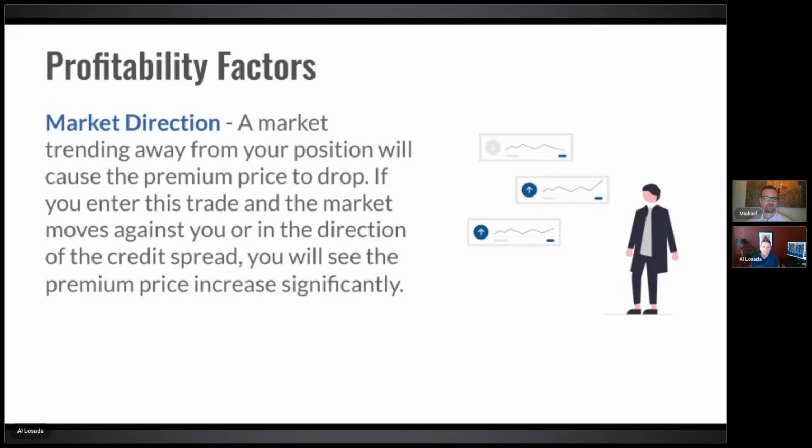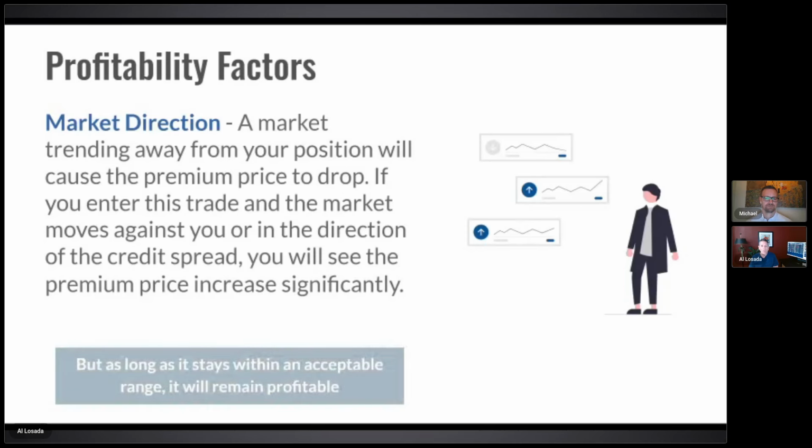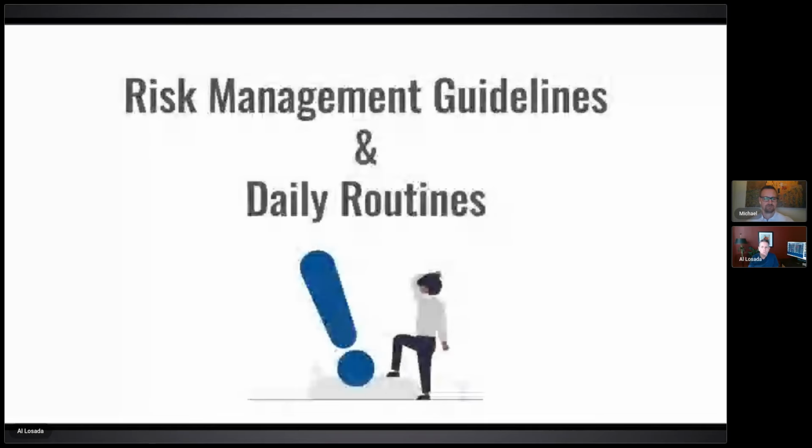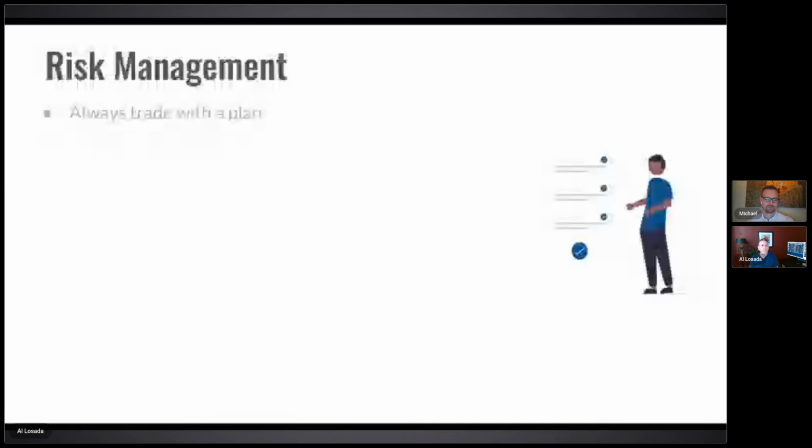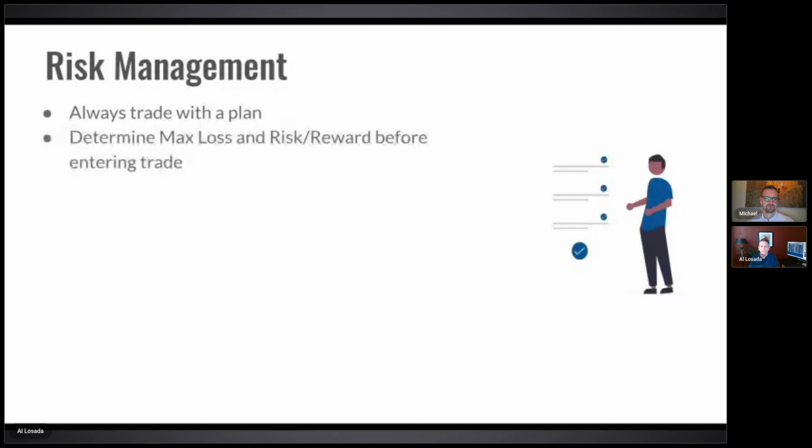Okay, all right. So I'm going to talk about risk management guidelines and daily routines. Okay. And for risk management, you always want to have a trade plan, okay? A trade plan that works for you, okay? You want to determine where your max loss risk reward is before entering a trade. Trade no more than 20% of your margin at risk, okay?